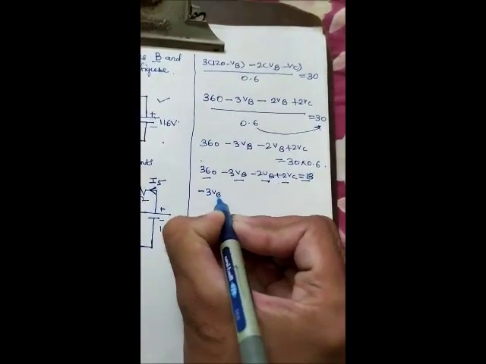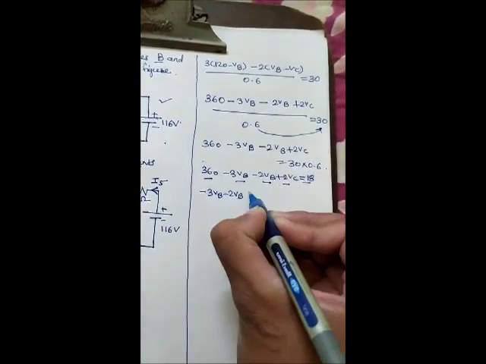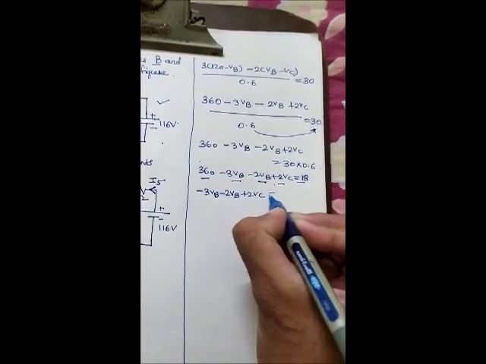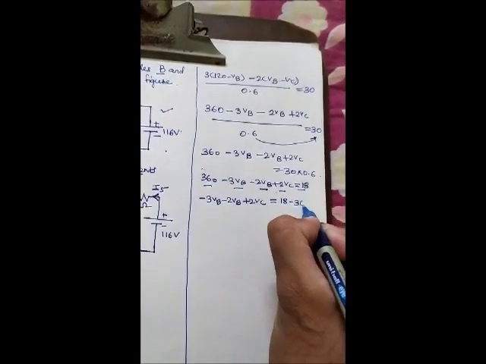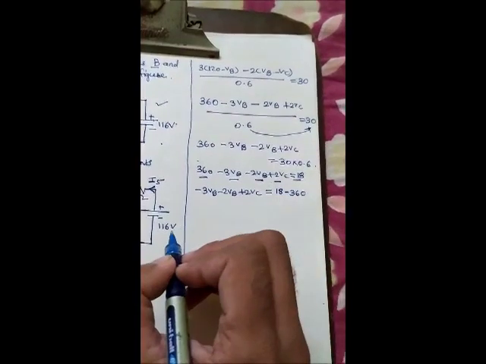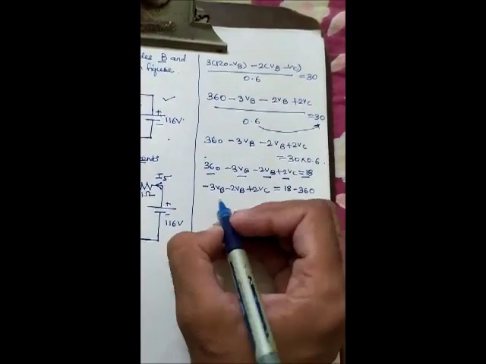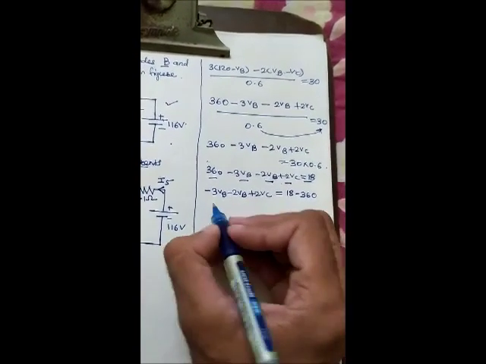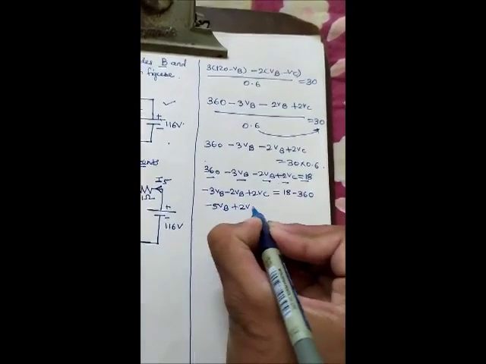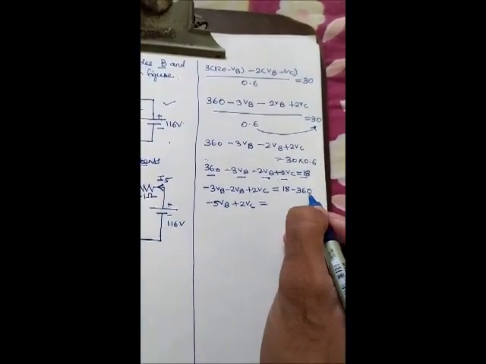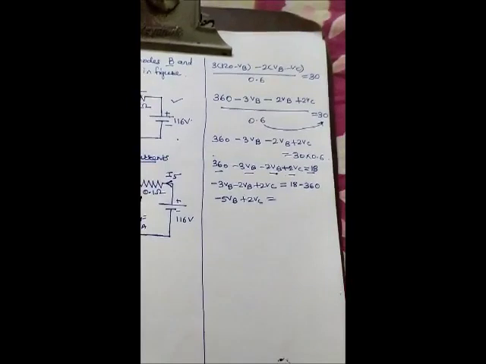So minus 3VB minus 2VB plus 2VC ही एक साईडला टर्म झाली, and 18 minus 360. आता minus 3 minus 2 is minus 5VB plus 2VC and 18 minus 360. तर 360 minus 18 करायचं आपल्याला.